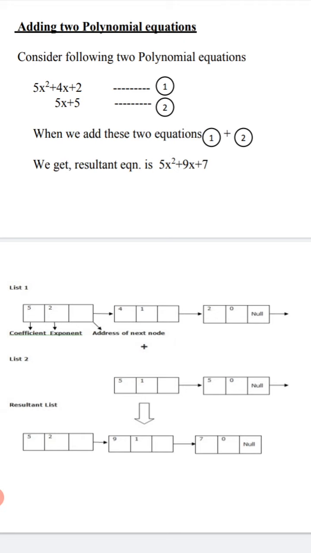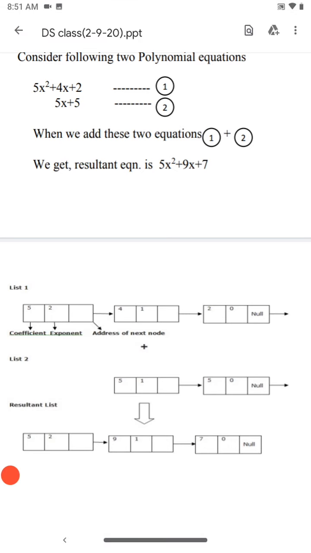When we add these two equations, we get 5x squared plus 9x plus 7. The resultant list has three terms, so three nodes. In the first node, the first part is the coefficient 5, then the exponent 2, then the third part, the link part, which specifies the address of the next node.